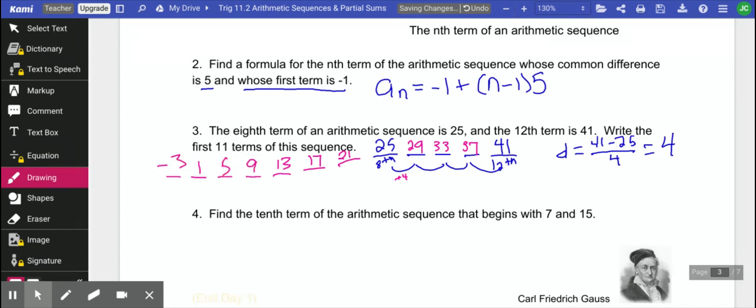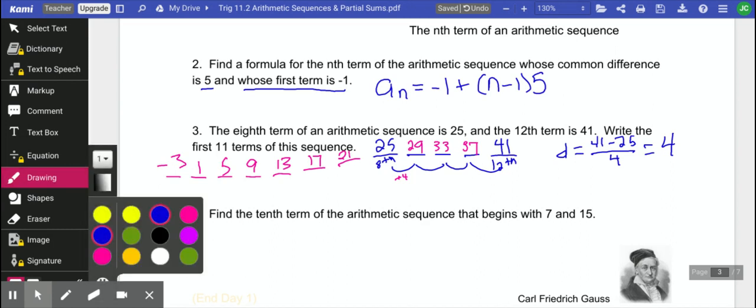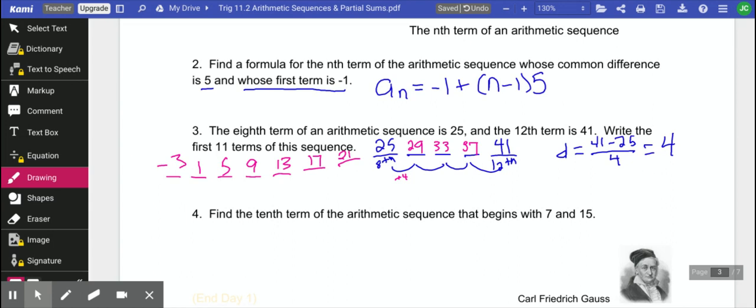And that's great. That's what they wanted us to find. If you were asked to write the formula for this, you could definitely do that. The formula would be A_n is A1, the first term, which we just decided was -3, plus (n minus 1) times the common difference, which is 4.